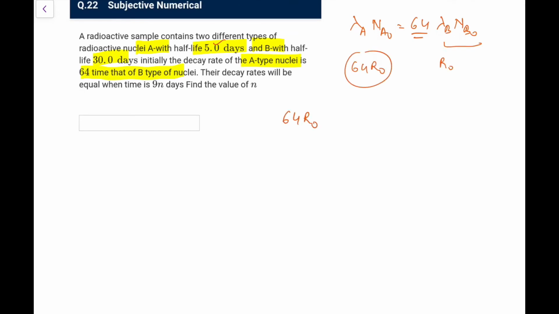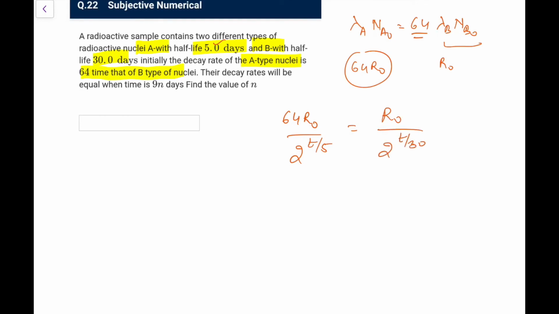So it decreases with time as 64 R naught e to the power minus lambda t, or you could write it in terms of half-life, as 64 R naught upon 2 to the power t by 5 days. And this should finally equal R naught upon 2 to the power t by 30.